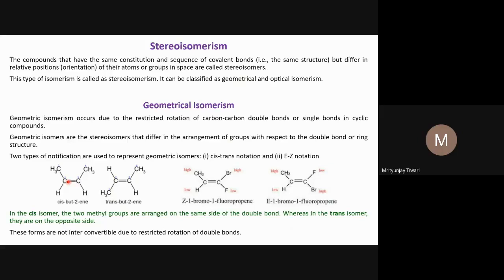At two points there is overlap, and if the overlap is at two different points, then such bonds are not freely rotatable. However, in sigma bonds the overlap is along the internuclear axis, so the groups can freely rotate; there is only one point of linking between the two atoms. In pi bonds there are two points of linking, one above the internuclear axis and another below it. We have already seen these structures in chemical bonding. If you don't remember, you can watch that video, or see those structures I have shown.